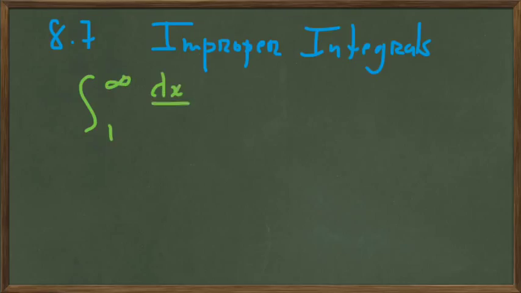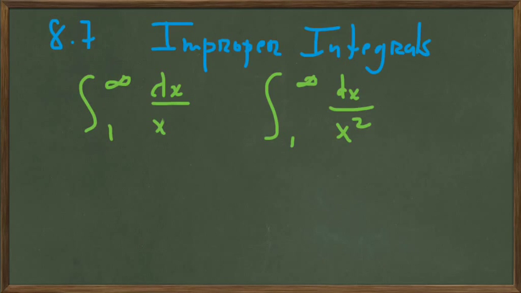One is the integral from 1 to infinity of dx over x, and the other is the integral from 1 to infinity of dx over x squared, or actually anything with power higher than 1. So let's take a picture to look at these two integrals.